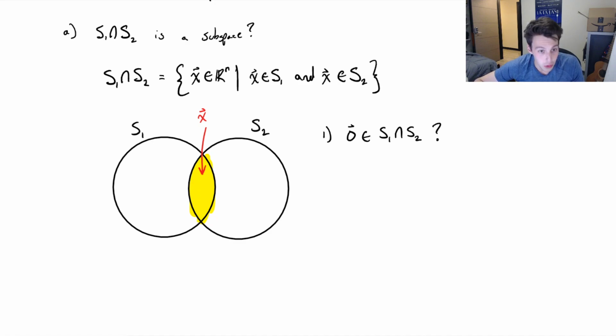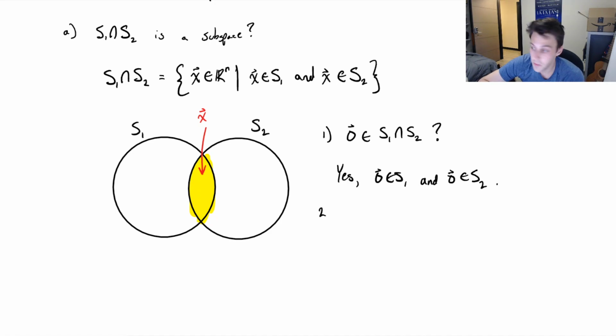So it would be considered in the intersection, because the zero vector is in both of them. So let's write, yes, the zero vector is an element of S1, and the zero vector is an element of S2. Now, that might have seemed obvious, but let's continue.